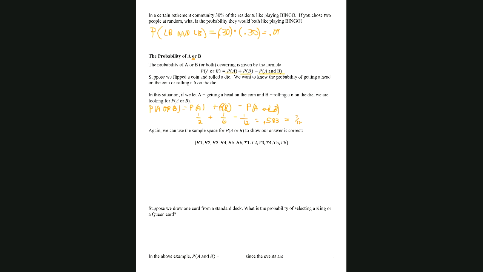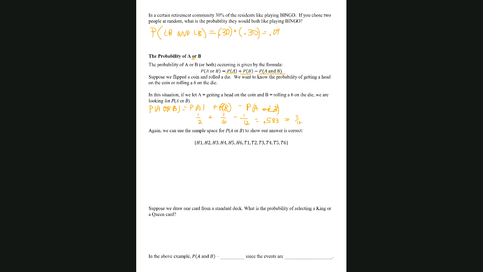So 0.583. Well, again, how do I know that this is true? Well, let's look at this just with the sample space. A or B. I want to get heads on the coin, or I want to get a 6 when I roll the die.